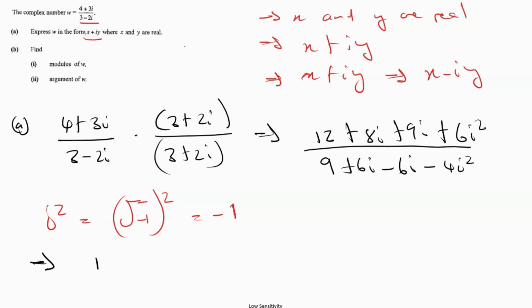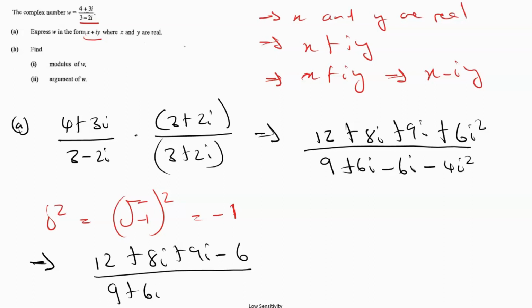So we have 12 plus 8i plus 9i, and this becomes minus 6, over 9 plus 6i minus 6i, minus, so this becomes plus 4.